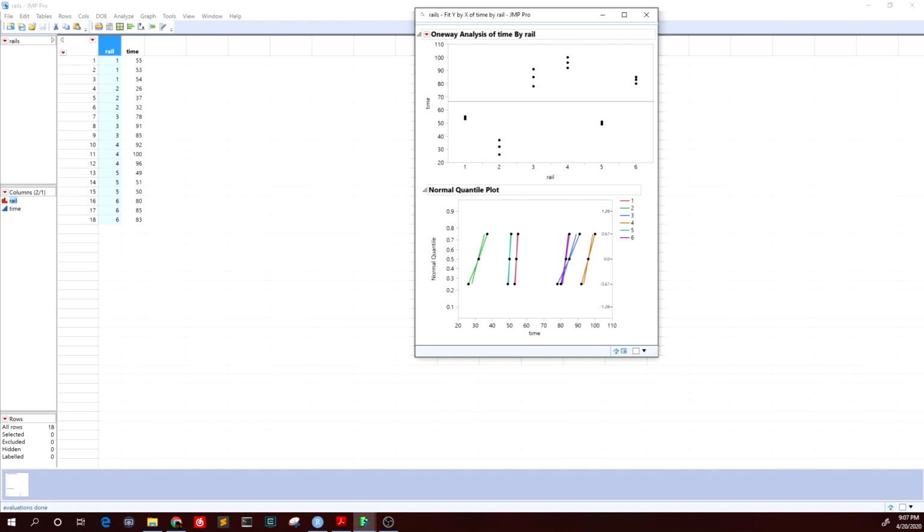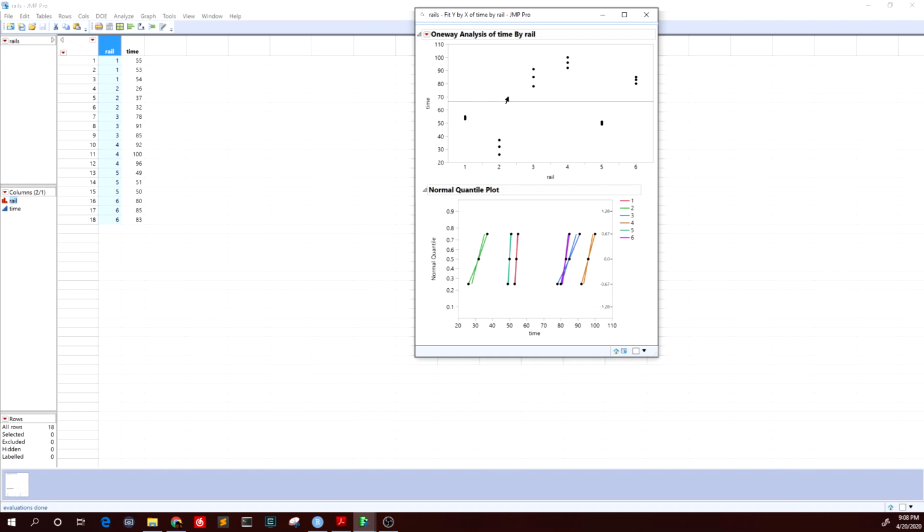And with this normal quantile plot, you can check whether the normal assumption is met and whether the standard deviations of all these 6 groups are approximately the same. That is to check the equal variance assumption.